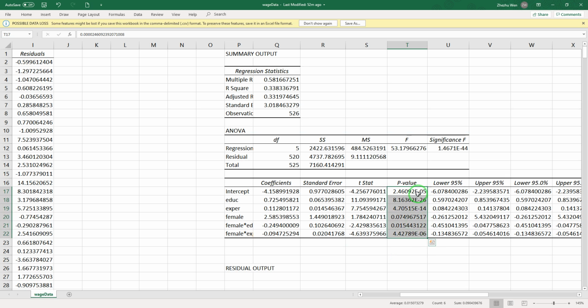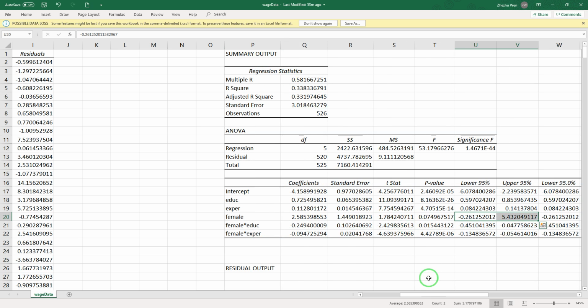Except female, which poses a little bit of concern because its p-value is greater than 0.05. If you look at its confidence interval, ranging from negative 0.26 to positive 5.432, 0 is actually included within this range, which is a little bit of a concern.